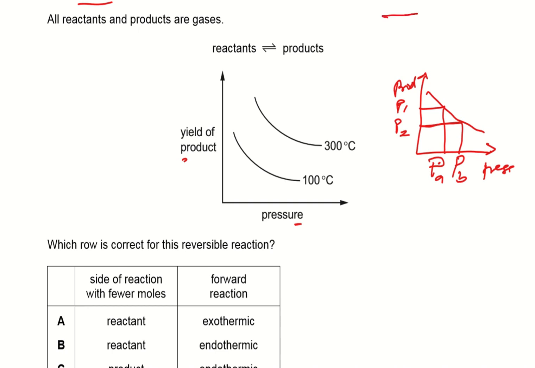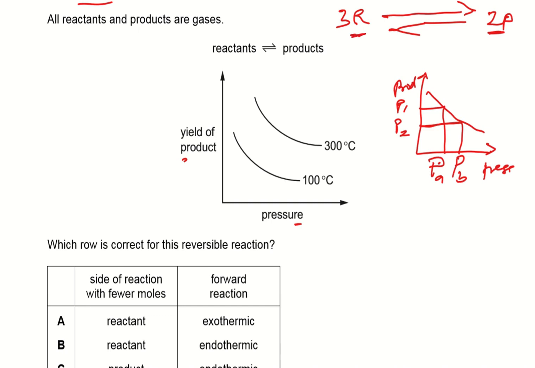For example, if I have a reversible reaction like this, and I have 3 moles of reactant here and 2 moles of product here, if the pressure is increased, the equilibrium position will shift to the side with fewer moles. If the pressure is reduced, the equilibrium will shift to the side with more moles.